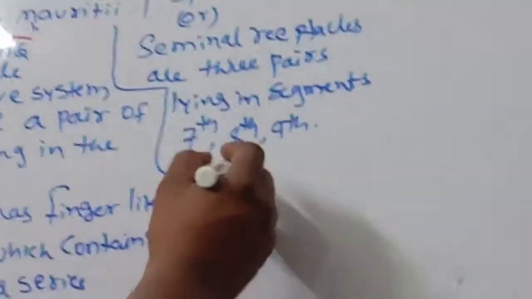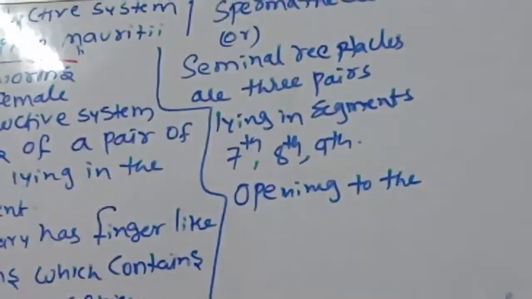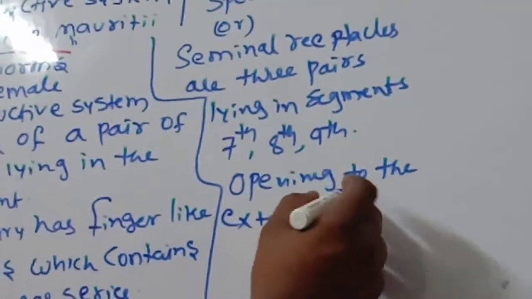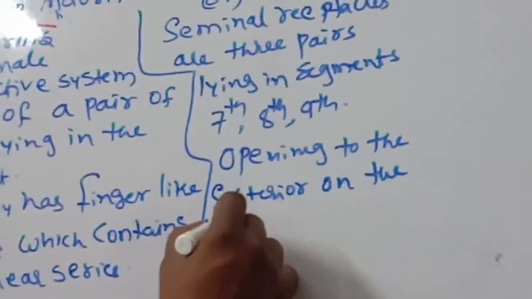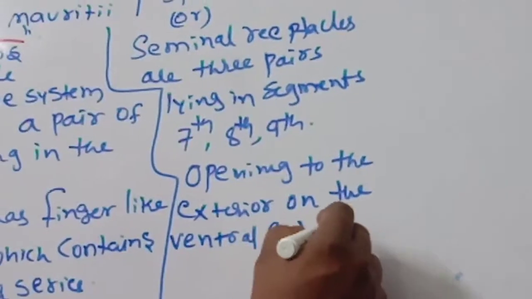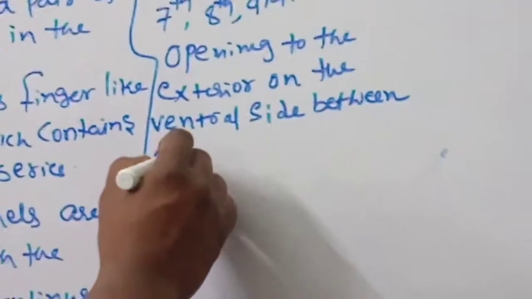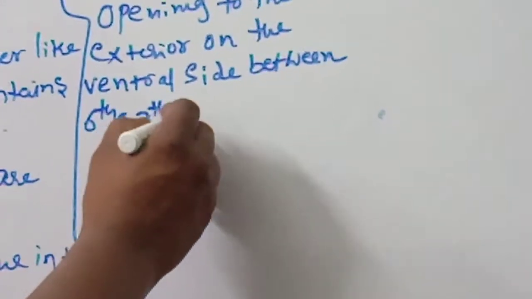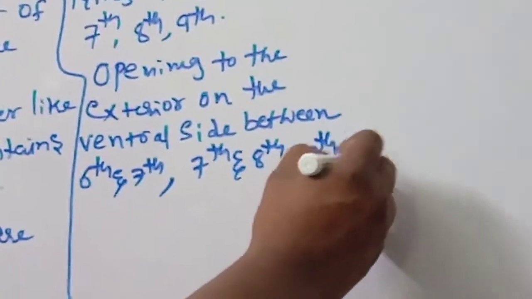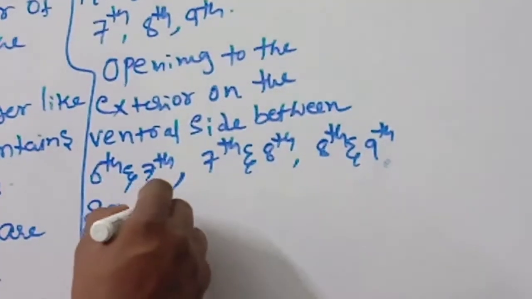Next, opening to the exterior on the ventral side between the 6th and 7th, 7th and 8th, and 8th and 9th segments.